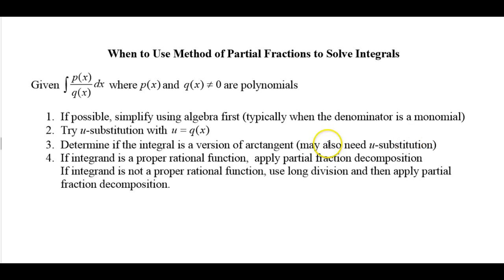So this may also need a u substitution depending on exactly what it looks like. And then finally, if that doesn't work, if the integrand is a proper rational function, we want to apply partial fraction decomposition. If the integrand is not a proper rational function, that's when we need to use long division and then apply partial fraction decomposition.